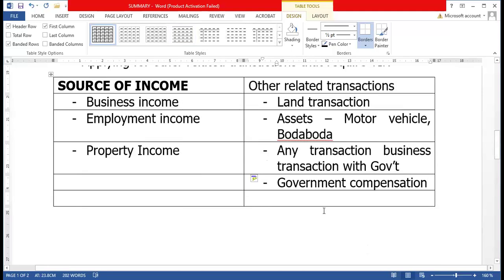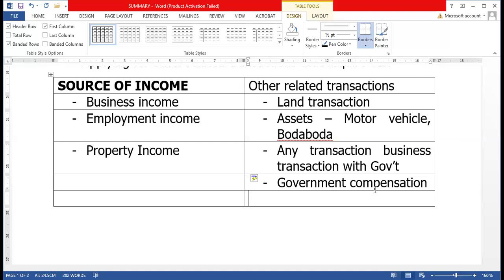Because of different reasons, government compensation could come in. For example, let's compensate you for the use of this land. Or it could be about those pipelines that you normally see for oil purposes. It could be other reasons.